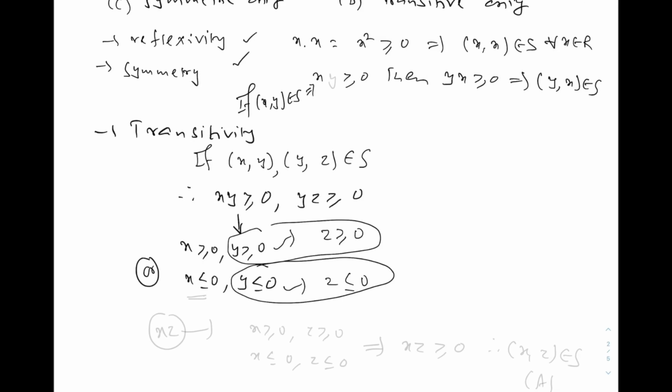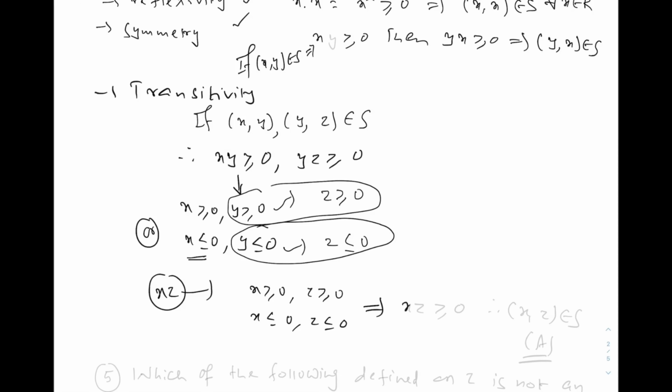Now what about xz? If x is greater than or equal to 0, then z is also greater than or equal to 0. And if x is less than or equal to 0, then z is also less than or equal to 0.